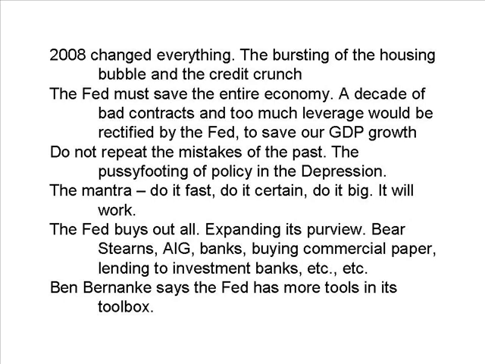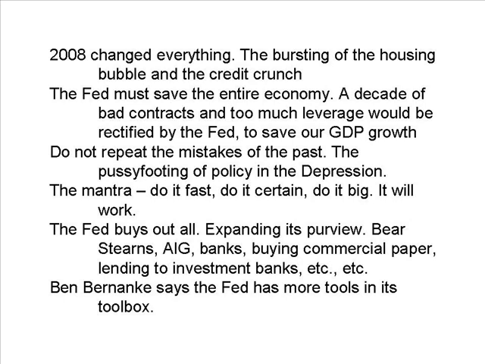Anyway, the Fed started buying out all kinds of debt in all kinds of entities and expanding its purview into all kinds of securities. It started with buying out Bear Stearns in March of 2008, and then the Fed supported and/or bought out other companies, AIG and Fannie Mae and Freddie Mac and certain big banks. The Fed started getting involved in the commercial paper market and started lending to investment banks.